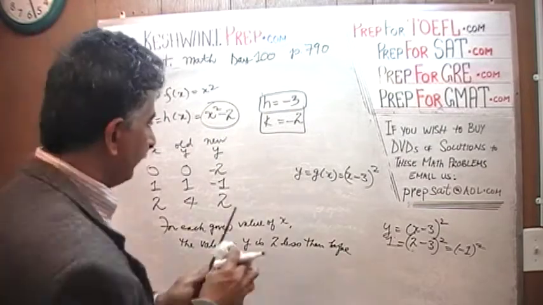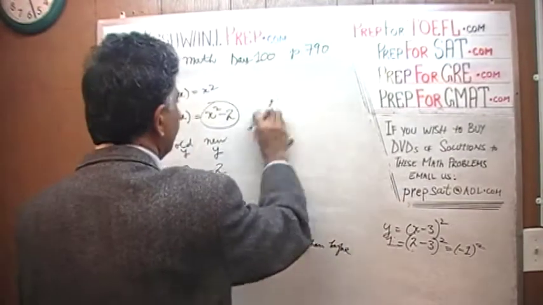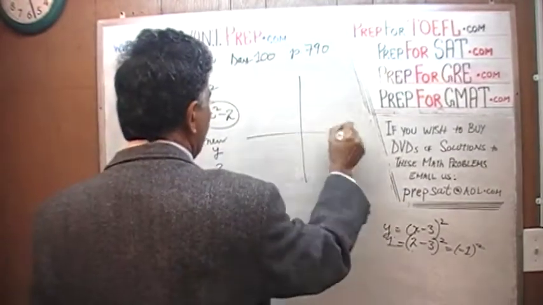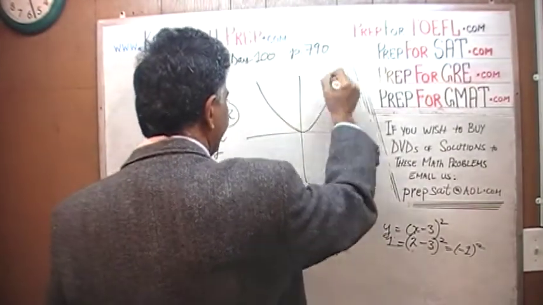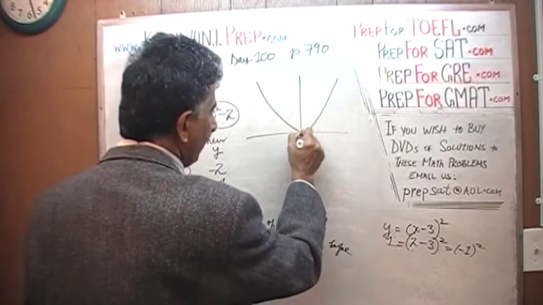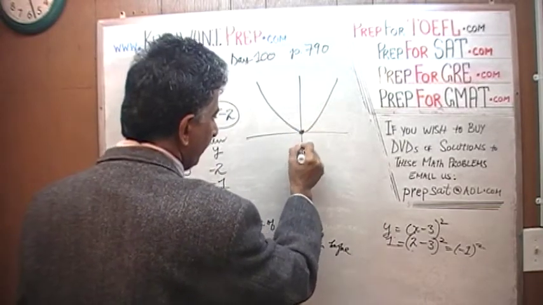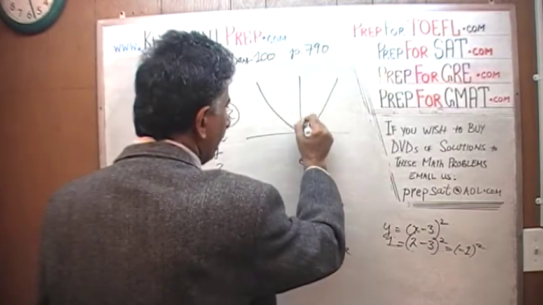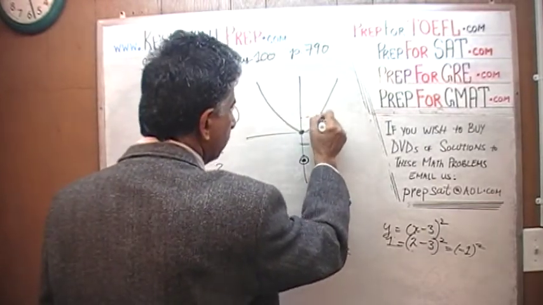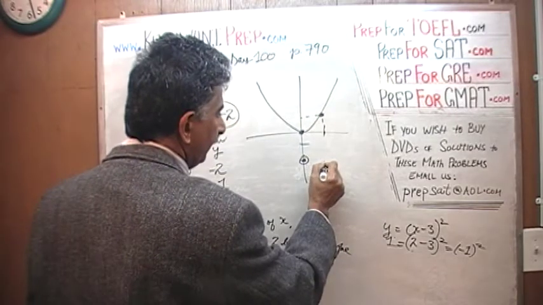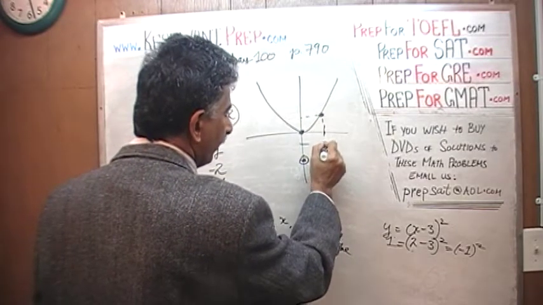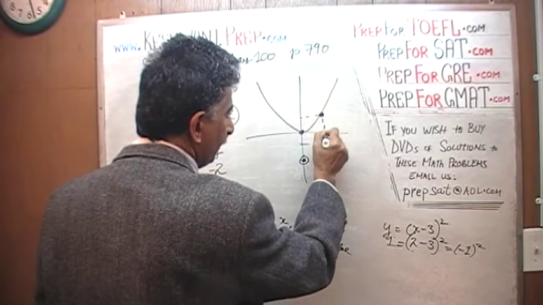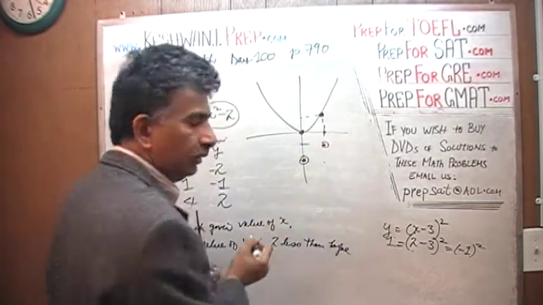So here's our original graph. Our original graph looks something like this. When x was 0, y was 0. Now when x is 0, y is going to be -2. Before, when x was 1, y was 1. Now, when x is 1, y is going to be -1. You see? From 1 to 0 is 1, and then from 0 to -1 is another one.